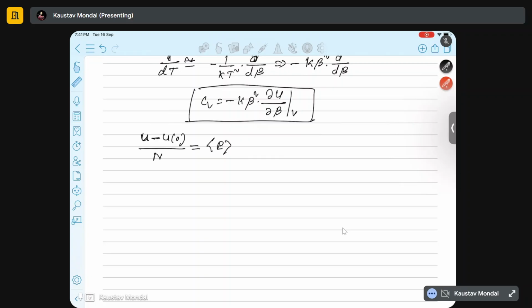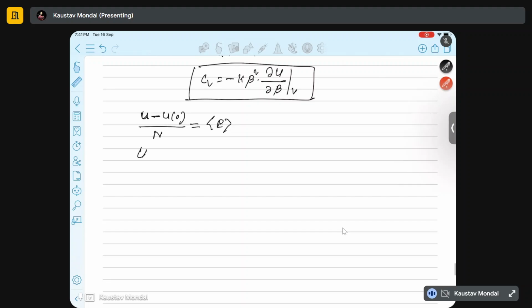The mean energy is what we calculated in the previous discussion, taking the contribution of rotation, translation, vibration and electronic, and we are using that mean energy here.